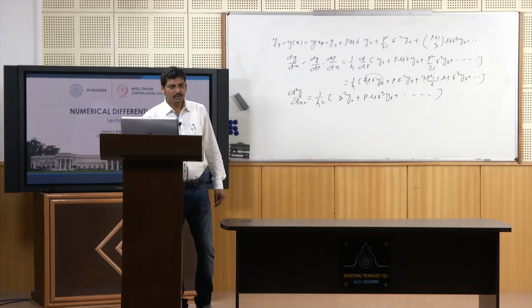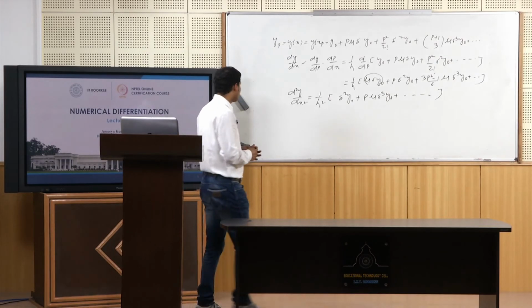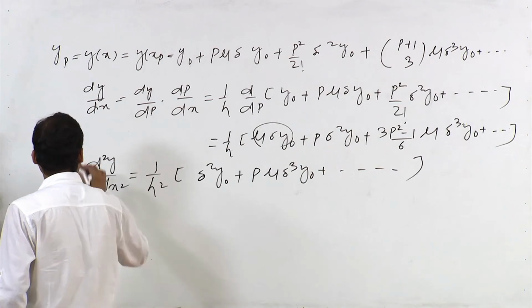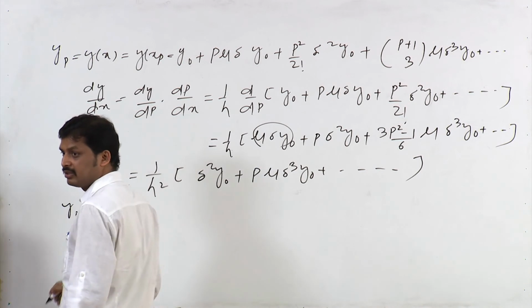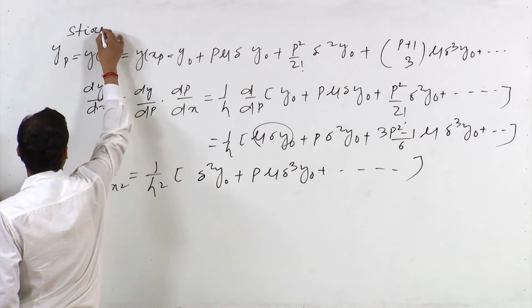Similarly, we can use this formulation for Bessel's formula. Bessel's formula is usually expressed as yp equals y of xp, as mu y of half.